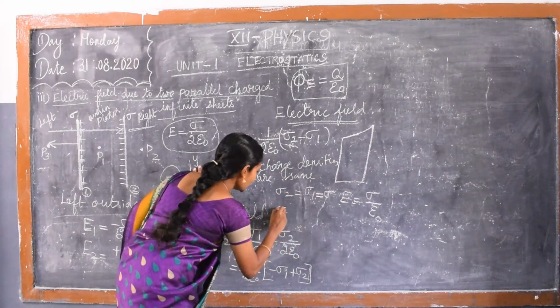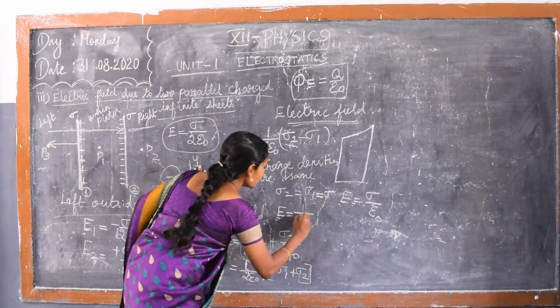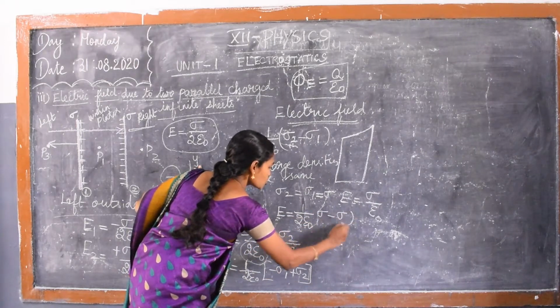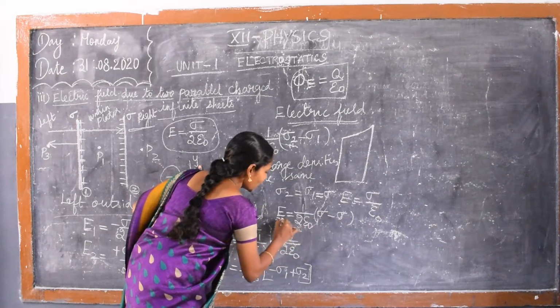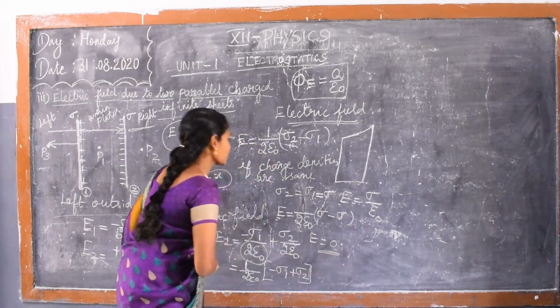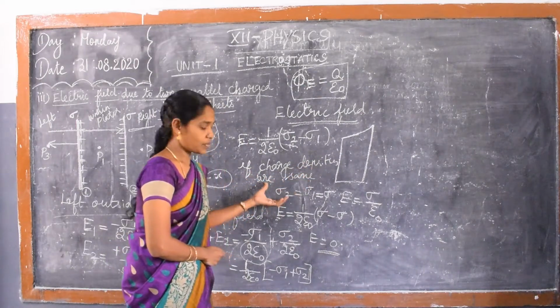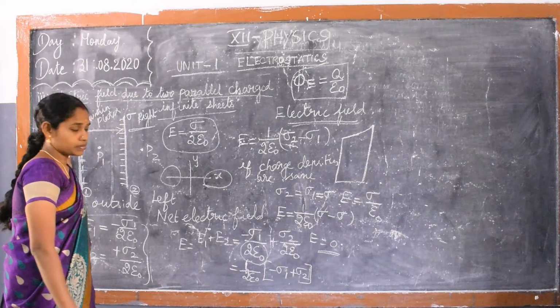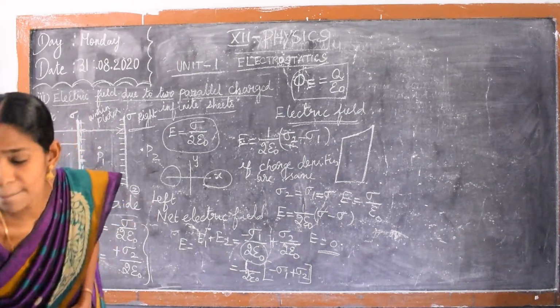So we get E is equal to 1 divided by 2 epsilon naught times sigma minus sigma. They cancel each other, so the electric field value becomes 0, at the condition that the charge densities are same. So this is the electric field value on the left side region. Is it clear?